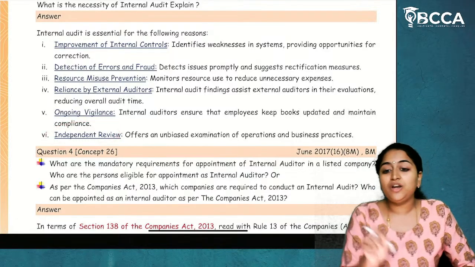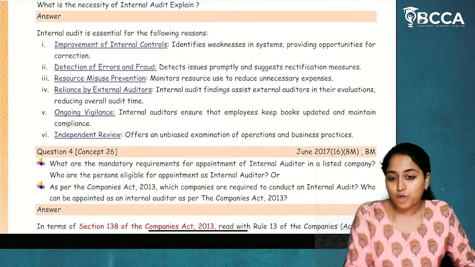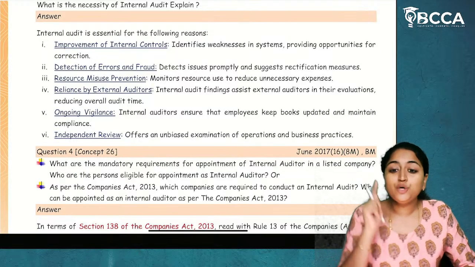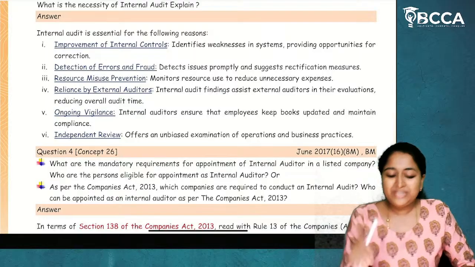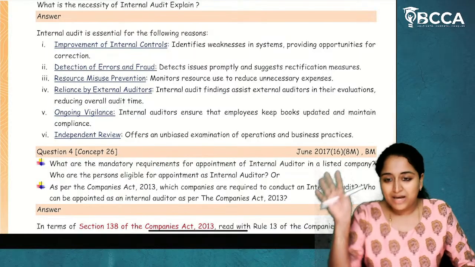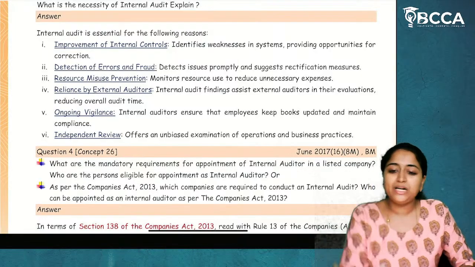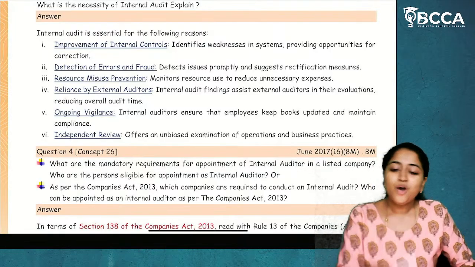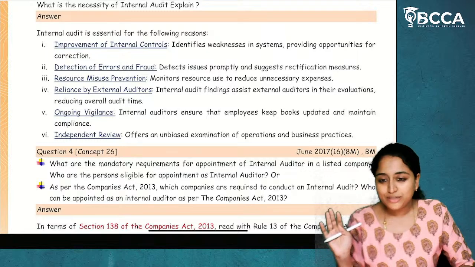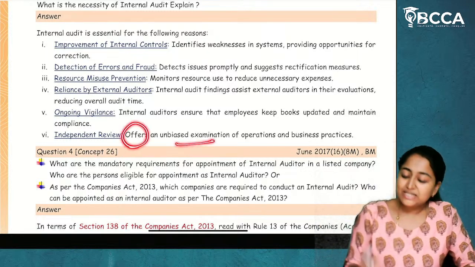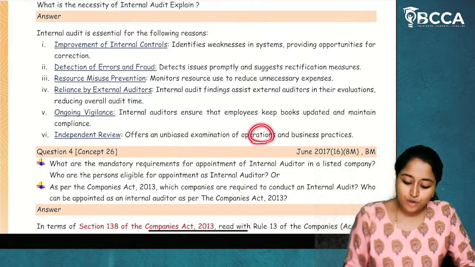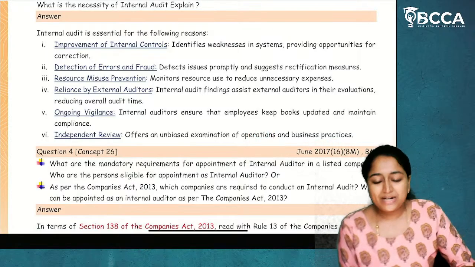Even if an internal audit is done by an internal employee, he needs to have a neutral perspective, which means he should not be so concerned about the management or the person who is working in the management. He should have an independent, neutral perspective. Only then will he be appointed as an internal auditor. It offers an unbiased examination of operations and business practices.